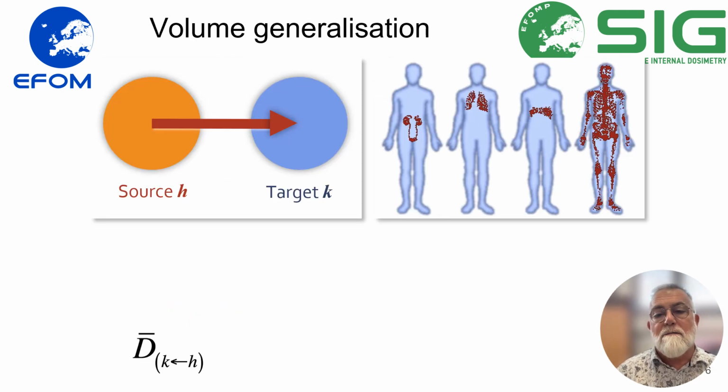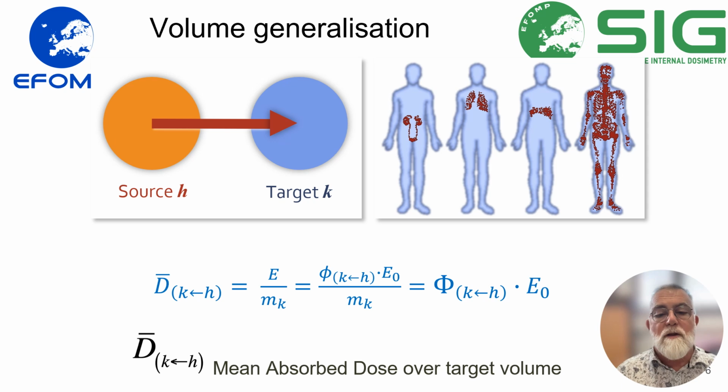So because the irradiation is usually coming from systemic administration of radiopharmaceuticals, we are making a generalization to a volume where you have a source volume and a target volume. In that case, you have the average absorbed dose in the target k from the source h, this is how it's written, is the energy absorbed in the target E divided by the mass of the target Mk. And you have here, coming from the previous slide, how to express the mean absorbed dose over the target volume.